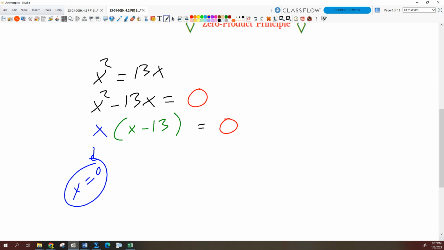The other possibility would be if the green factor is equal to 0. And when does that happen? When x is 13. There you go. So those are my two solutions, x equals 0 or x equals 13, right? How do we get it? By factoring and applying the zero product property, okay?